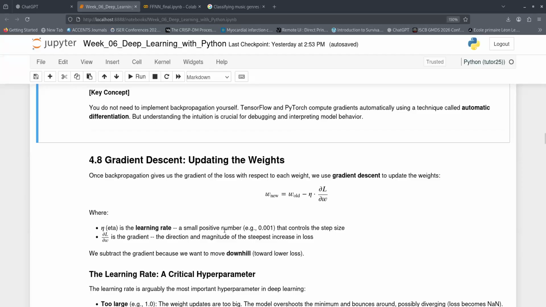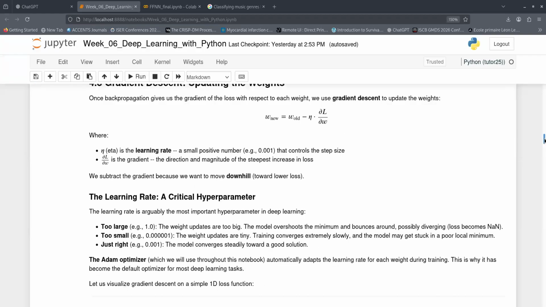It's a small positive number, and the partial derivative of L with respect to W is what we call the gradient. It gives you the direction and magnitude of the steepest increase in loss. So we subtract the gradient because we want to move downhill. You are going to see it with the code here.